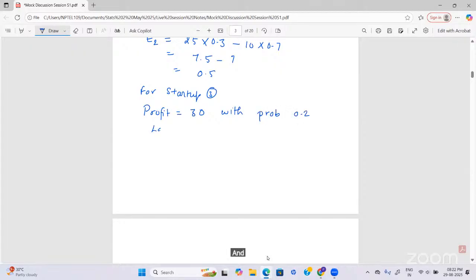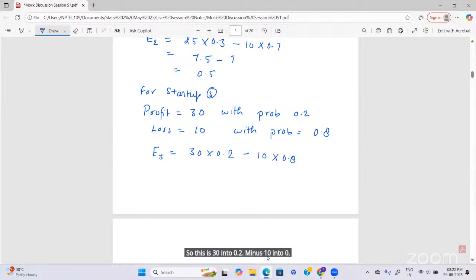And the loss is 10 lakhs, with probability 0.8. Now the expected value: this is 30 into 0.2 minus 10 into 0.8, which will be -2.